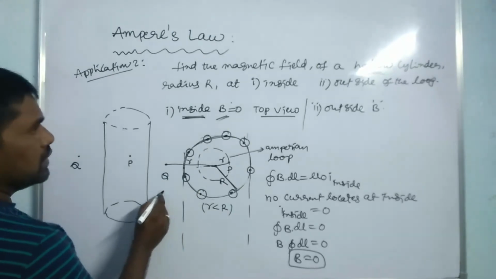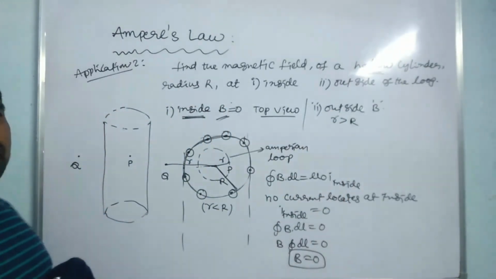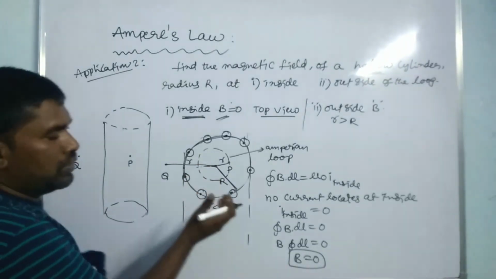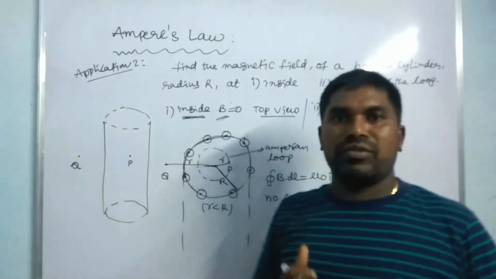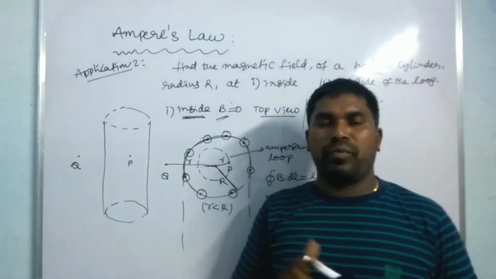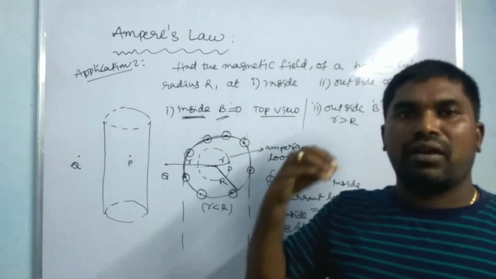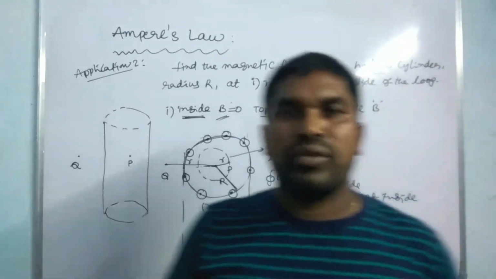In this case small r is greater than capital R, because the point where we have to find the magnetic field is always located outside of the loop, so the distance is more than the radius of the cylinder.